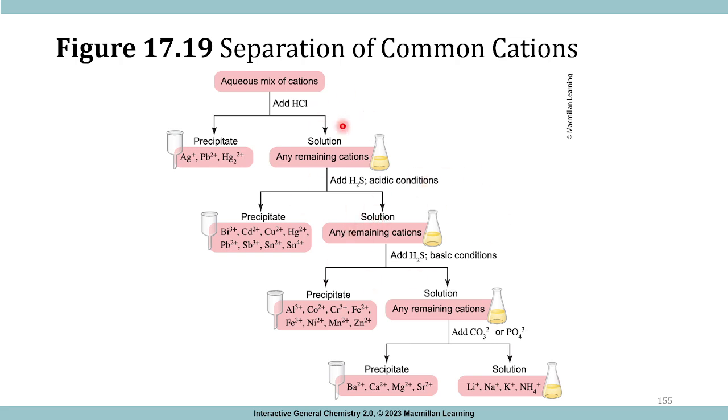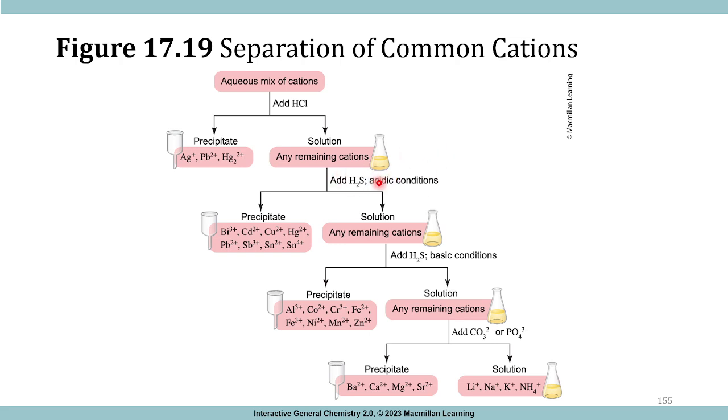So the next step is we then take that solution, absent the precipitate, which we've collected and removed. We're then going to add H2S. These are going to be under acidic conditions. Notice we've actually already made this acidic, right? With the HCl. So this is being smart and using those conditions.